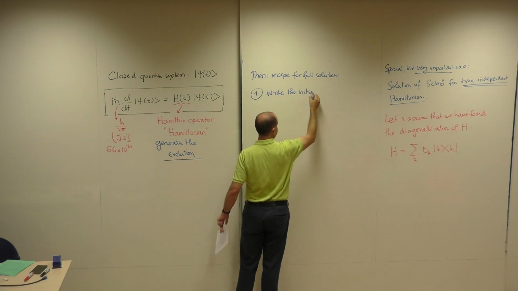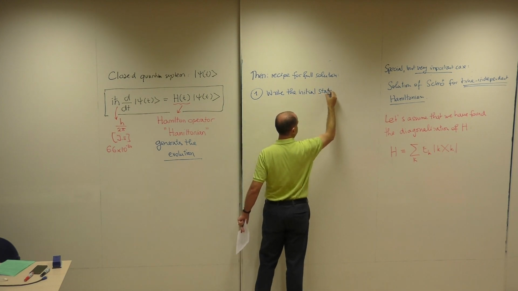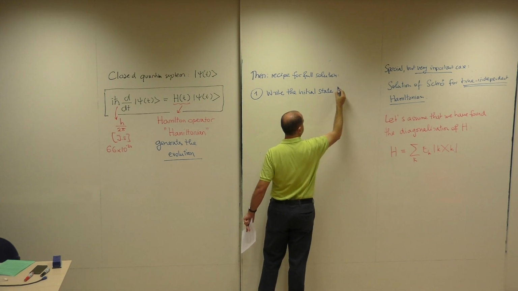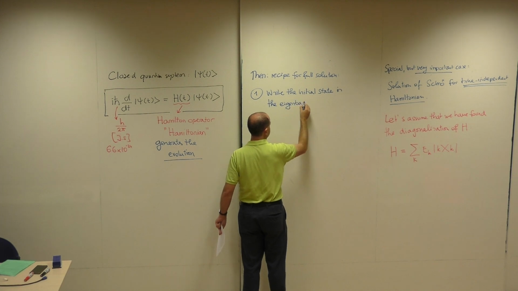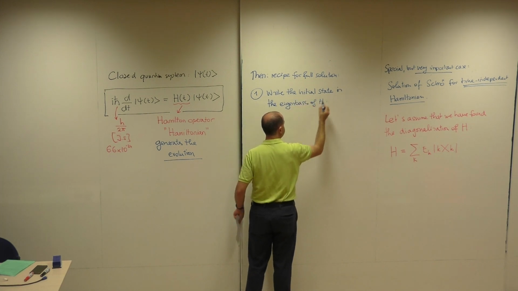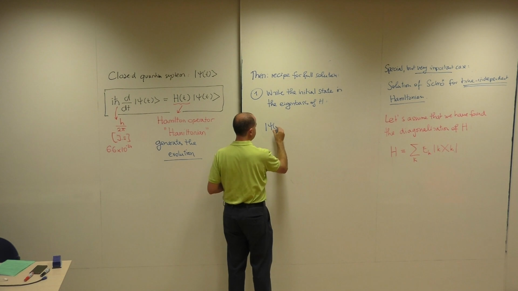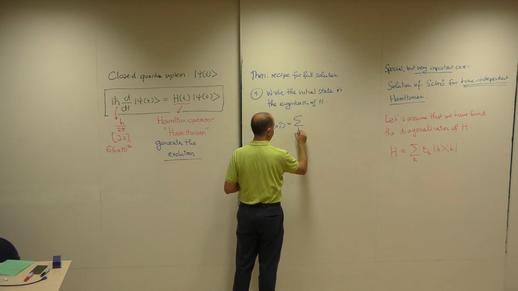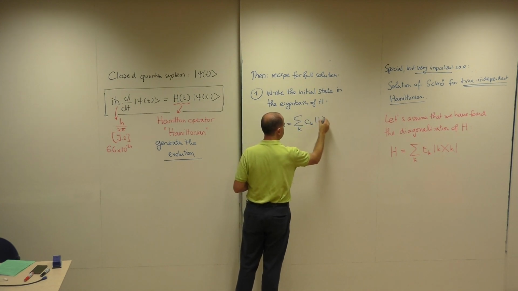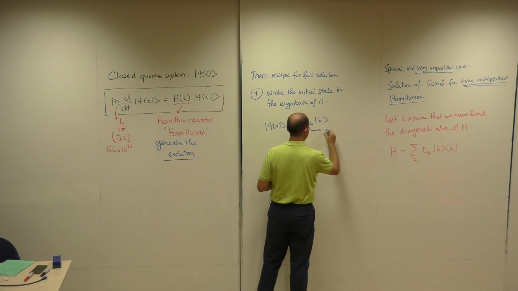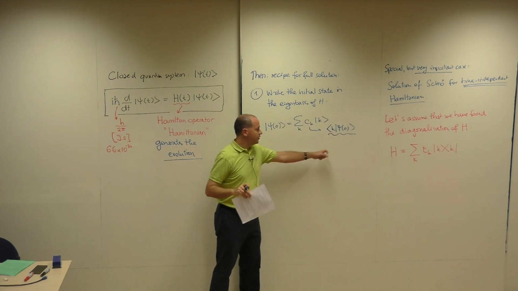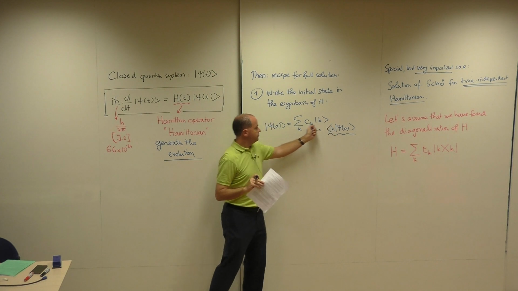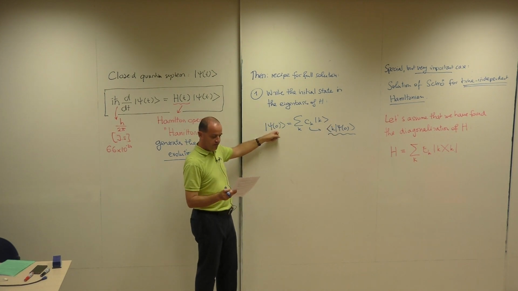Of course, you need to give an initial state, just as in a Newton equation, in the eigenbasis of H. Which means the psi at time 0, you write as the sum over k of c_k |k>, where c_k is equal to <k|psi(0)>. In other words, you need to compute all the scalar products. And now this is your initial state.